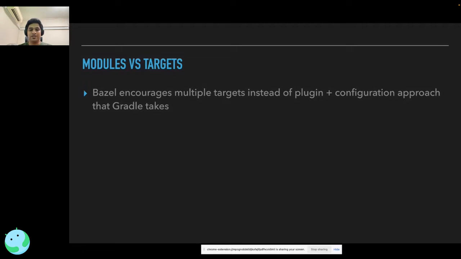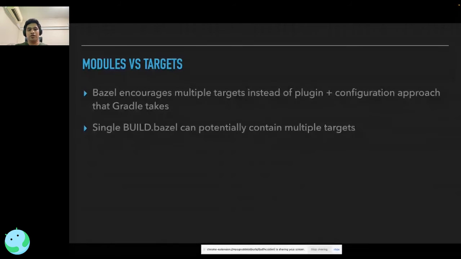Similarly, one build.bazel file can have any number of function calls. Each rule's scope is within itself. It does not impact the neighbors or any other rules in the same build file. Contrast that with Gradle, where you have a plugin, and the plugin typically applies to the entire module. So it is very difficult to have two targets managed by a single build.gradle file. But in Bazel, you can do that.